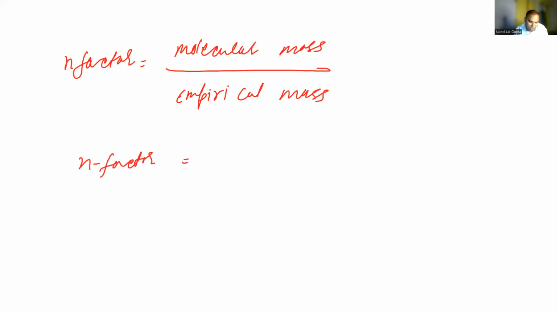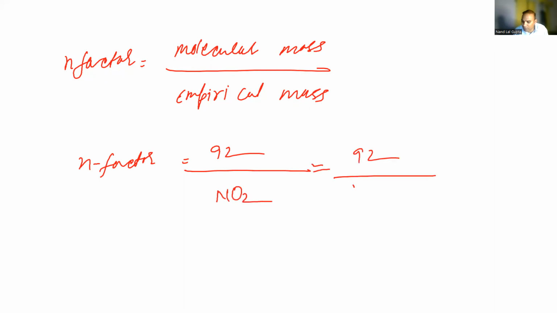According to the question, the given mass is 92. The empirical formula was NO2, right? So 92 upon nitrogen 14 plus oxygen 32, which is 46. So it is going to be 2.